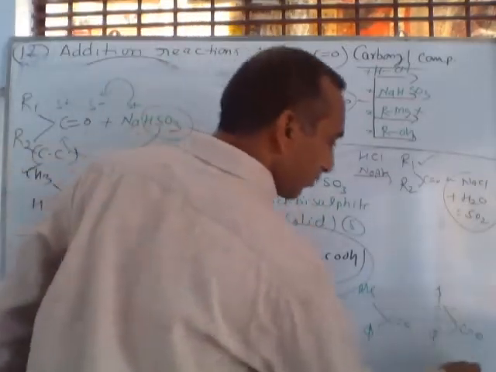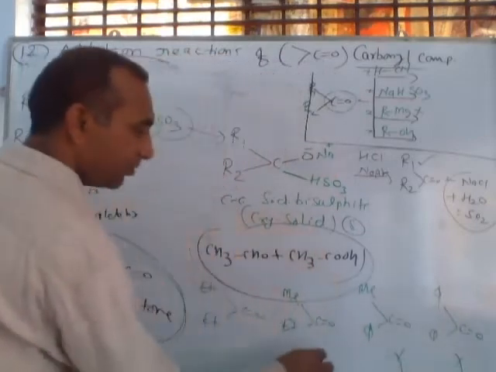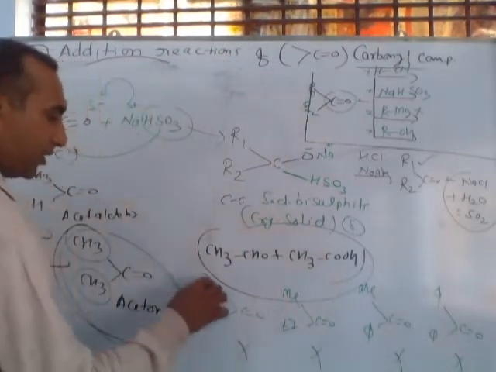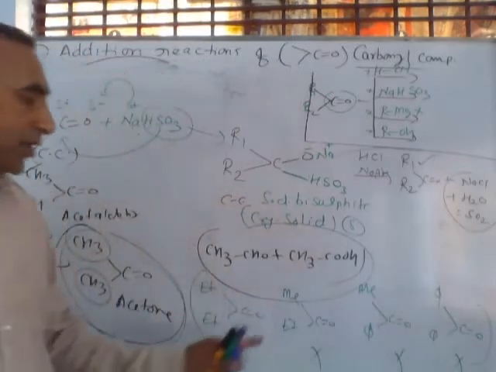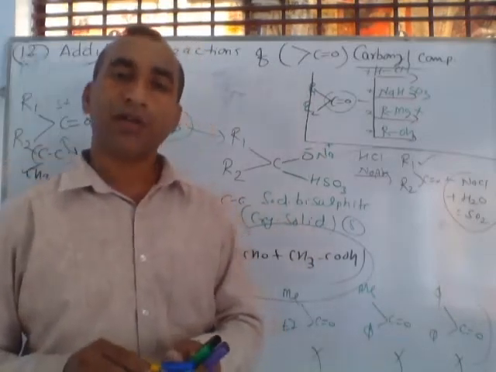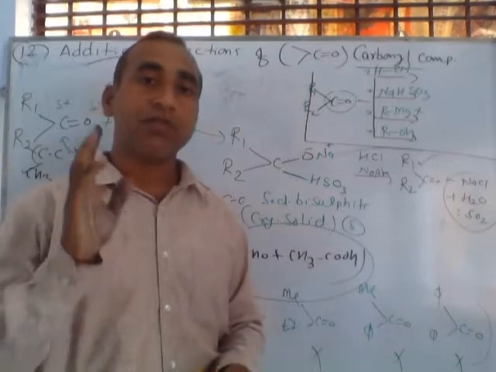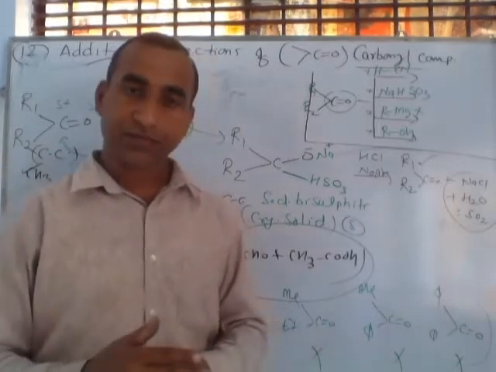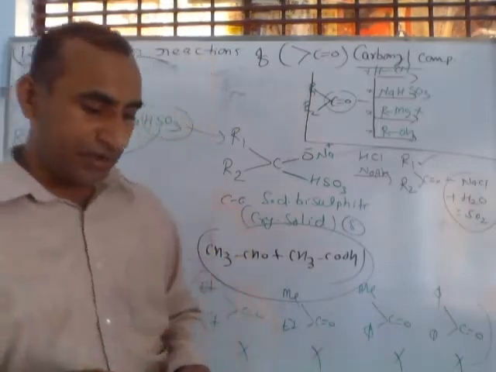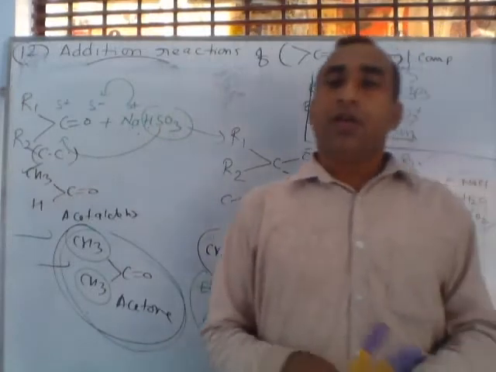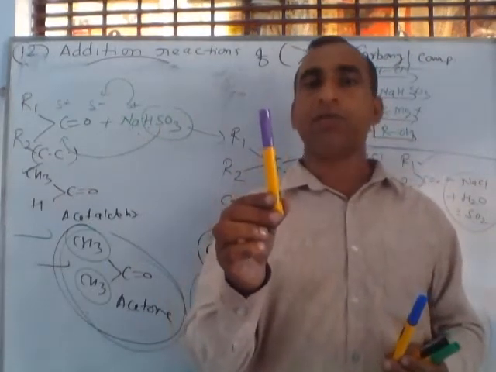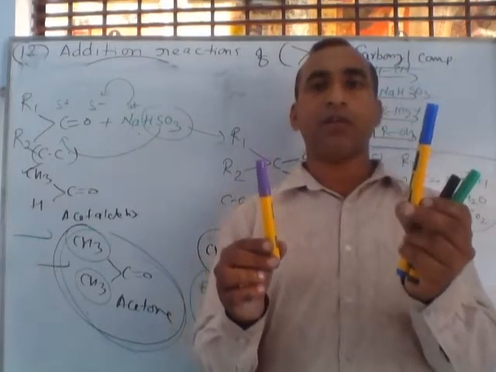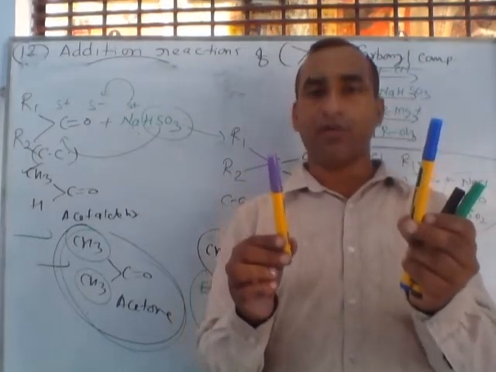Benzophenone, acetophenone, methyl ethyl ketone and diethyl ketone: these four compounds are ketones, but they will not give the sodium bisulfite test. Remember, this is a most important reaction. With the help of this reaction, you can distinguish between a compound having a carbonyl group, meaning aldehyde or ketone, and another compound without a carbonyl group.